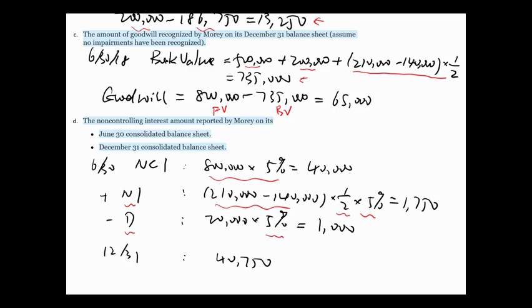Alright, so when it goes to the end of the year, the ending balance of our non-controlling interest should equal its beginning balance of 40,000 plus the net income earned during the period minus the dividend paid, and we get 40,750 as the ending balance of the non-controlling interest.